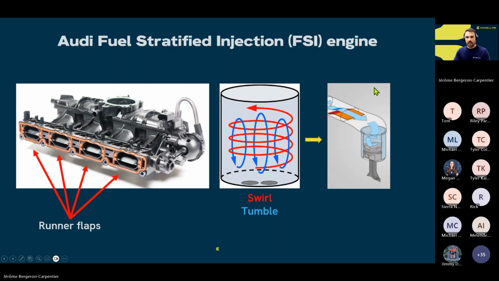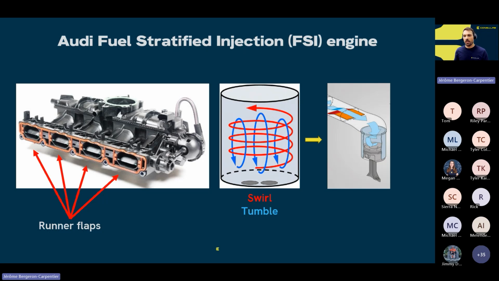And here in that picture, we can clearly see what swirl is. We tend to create that movement in the air where we push everything up into the cylinder, and we have that tumble where we create a rotation that again pushes everything from the bottom to the top.